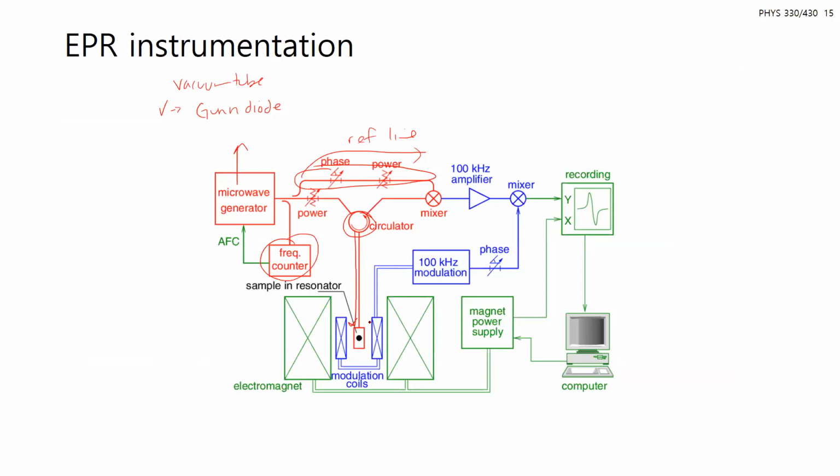After it resonates in that cavity, it's sent back, and the circulator is able to send just the microwaves that interacted with your sample to then be locked in and detected compared to your reference line here. So those are some unique aspects of EPR instrumentation compared to NMR: you have a resonator cavity and this circulator. I just wanted to mention a little bit about the instrumentation for EPR there.